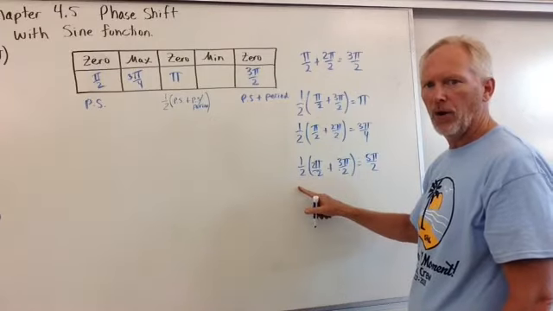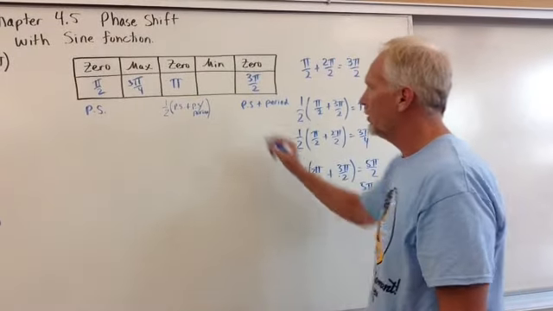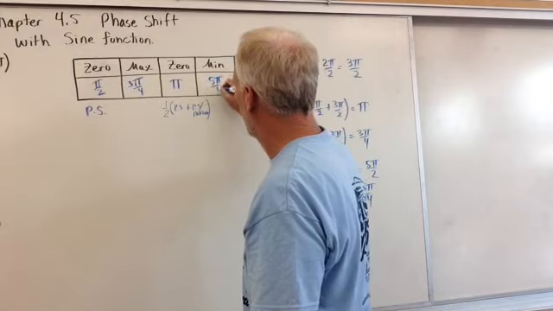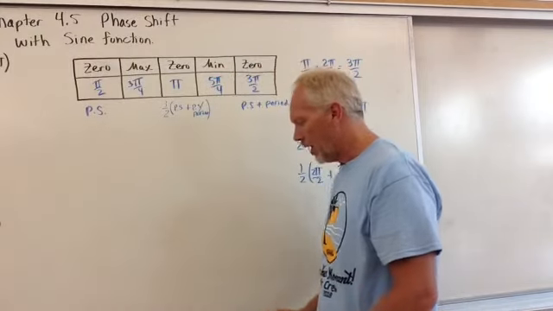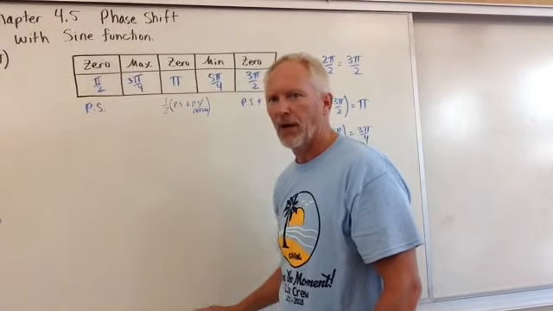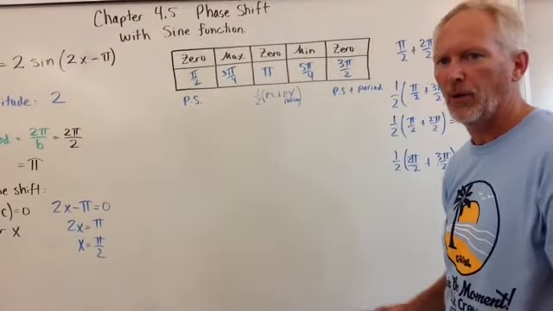When we multiply it by 1/2, we get 5 pi over 4, so our minimum is at 5 pi over 4. Okay, we have enough information to graph it. We have our 5 key points.